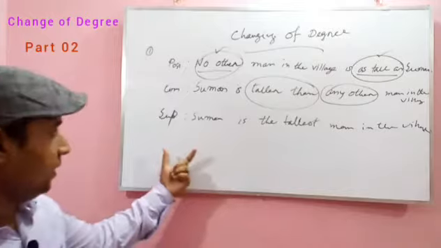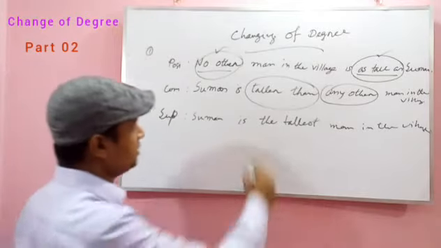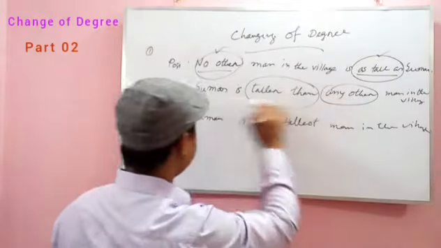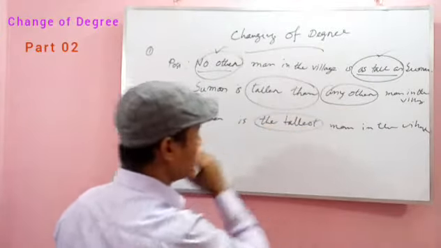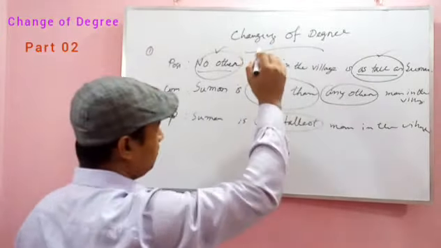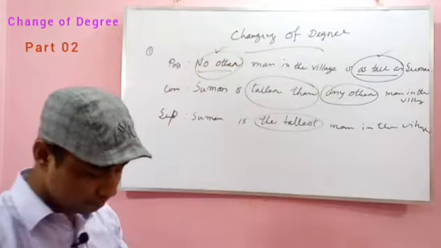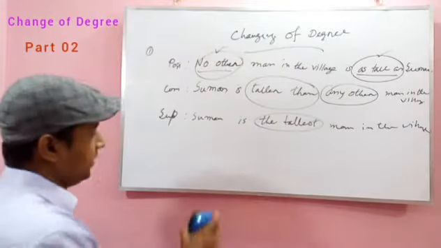You find that in the comparative form these two positions are changed, and in the superlative form this position is changed but this position vanished. Okay, so I will give another example.